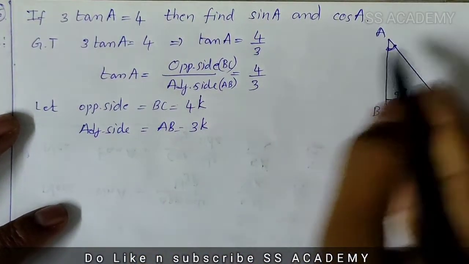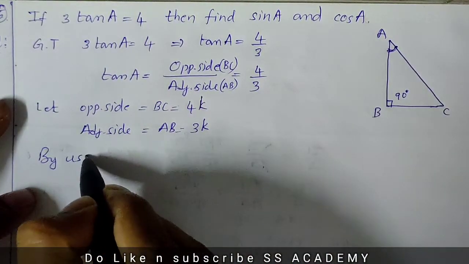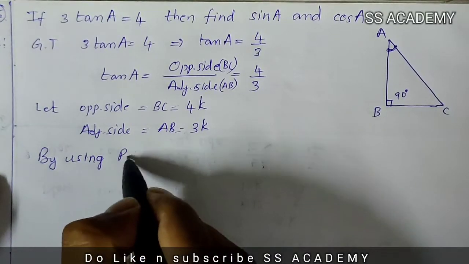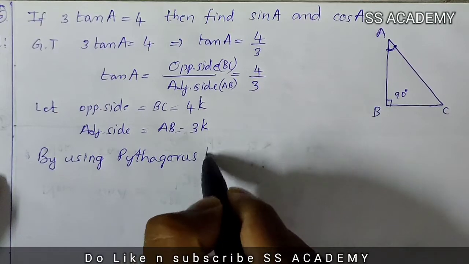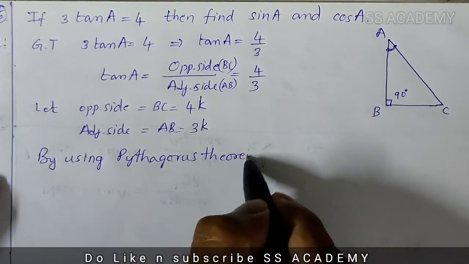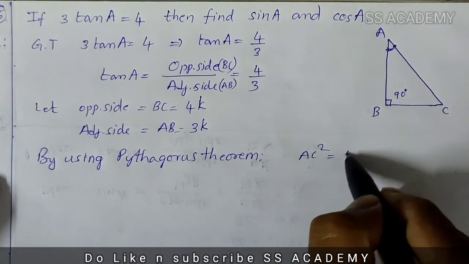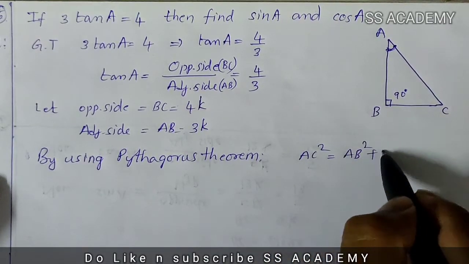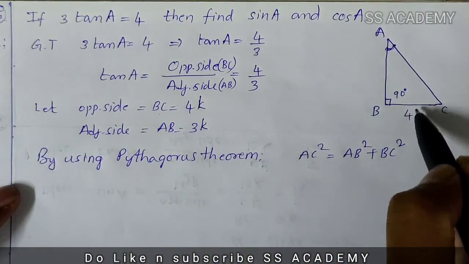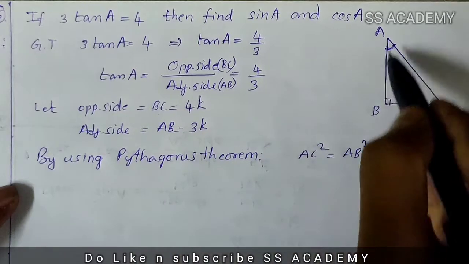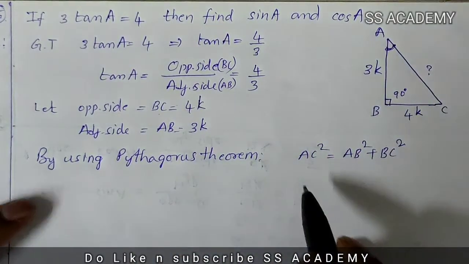Since it is a right angle triangle, by using Pythagoras theorem, AC square equals AB square plus BC square. Here BC is 4K and AB is 3K, and we need to find AC.